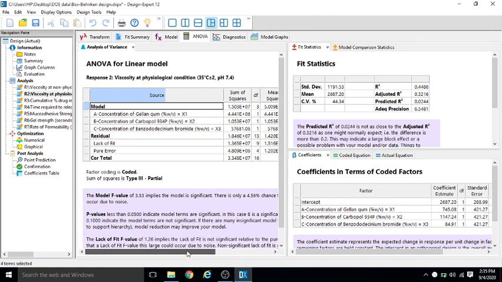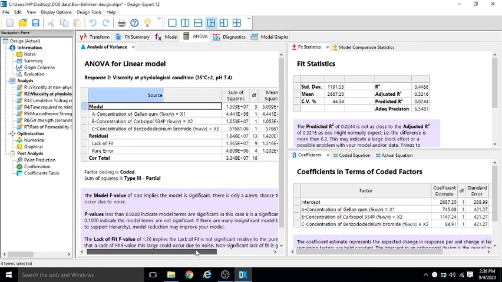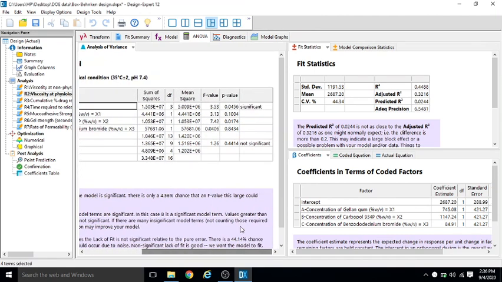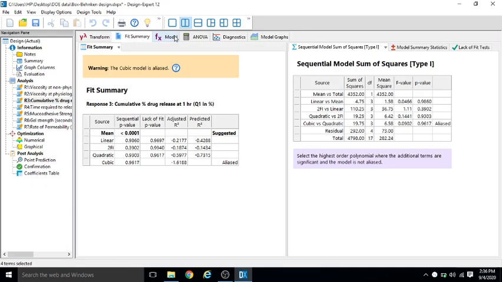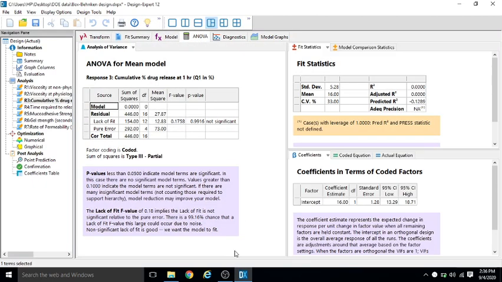So the first one, viscosity at non-physiological condition, is not significant, so there might be some issue, but the viscosity at physiological condition is significant. Then you have the cumulative percentage drug release. Let us see the ANOVA. This is not significant.